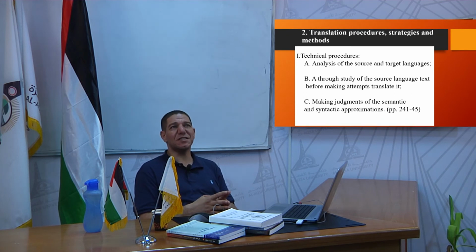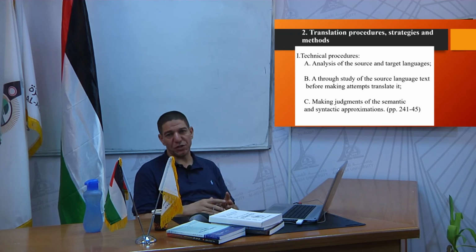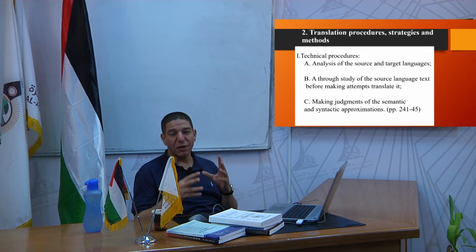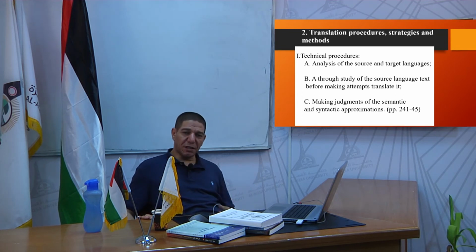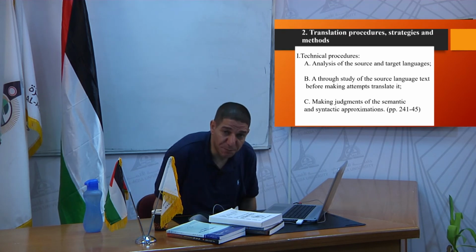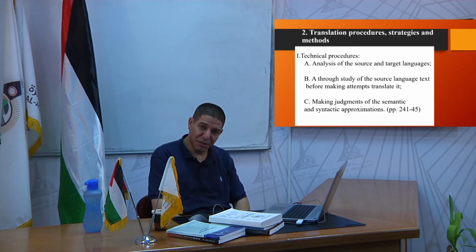Because each writer has his or her own ways of dealing with language. This is the meaning of everybody having his or her own personal approach to language. Some people like long sentences, like William Faulkner, for example. A sentence can be as long as one paragraph, but some people like Ernest Hemingway are interested in short sentences.